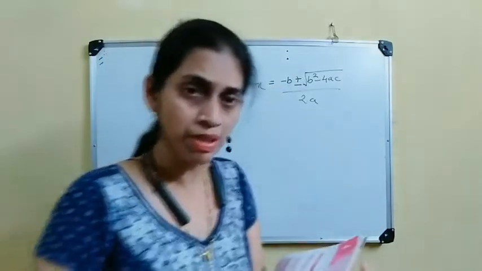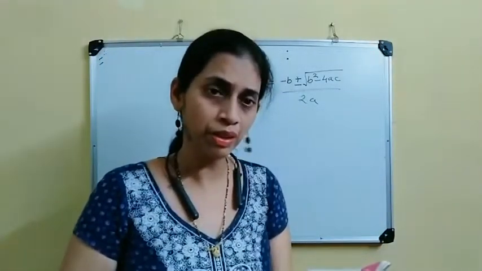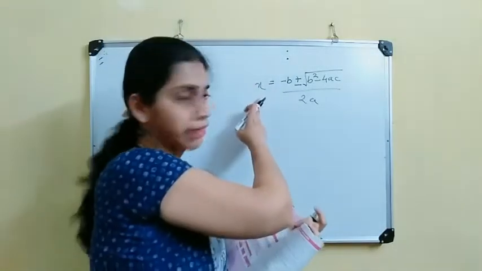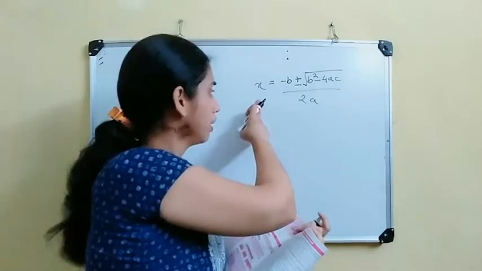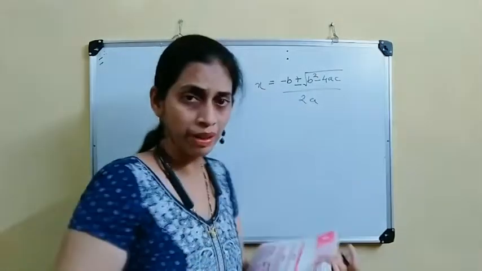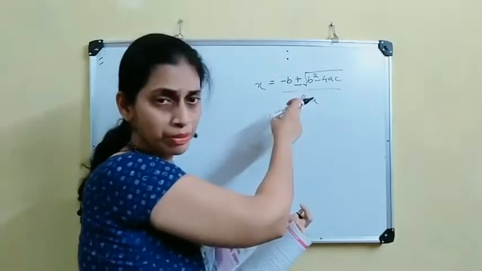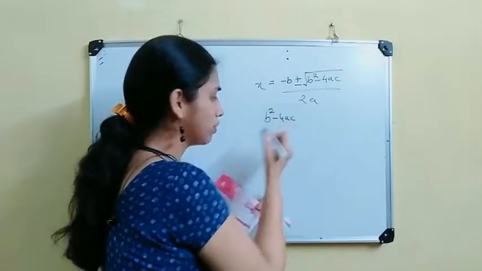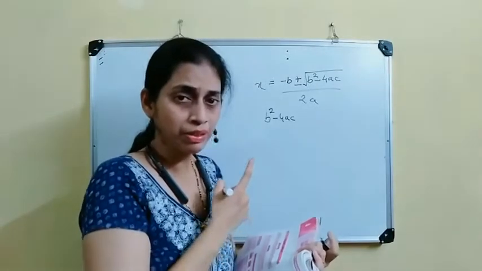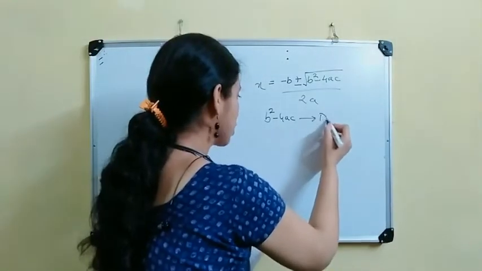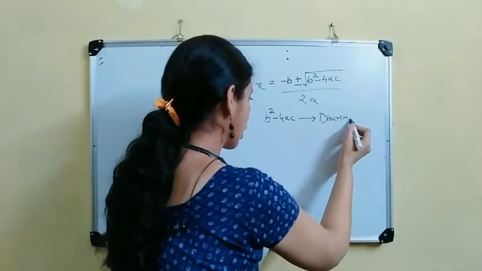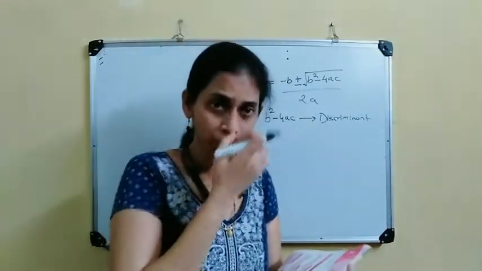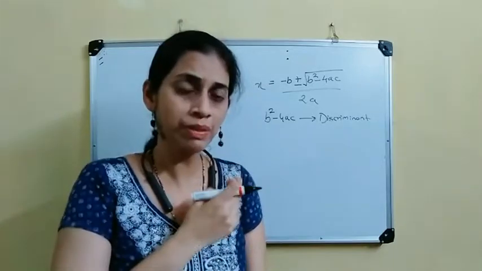So if in a question it is given that you have to find the value of x, then you can use the quadratic formula, wherein there are two values of x. But you can observe in this formula that there is a term b² − 4ac. This b² − 4ac is called the discriminant. Right? And the nature of roots is all connected with this discriminant value.